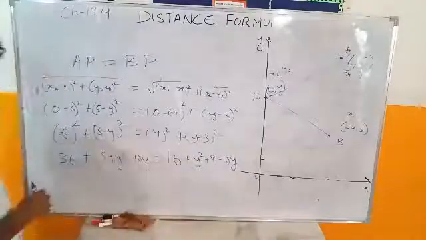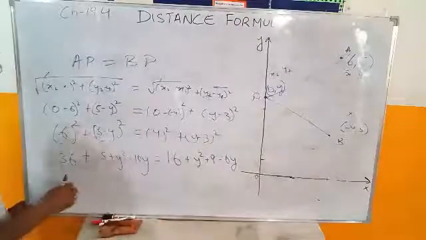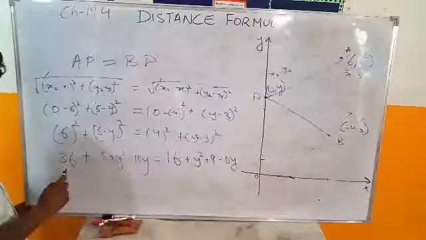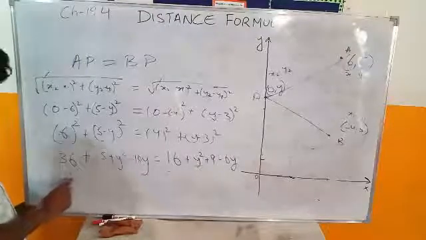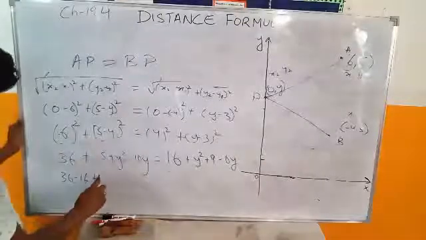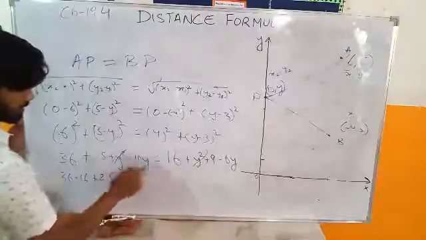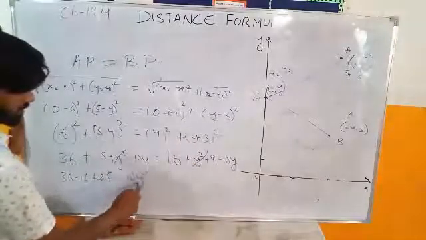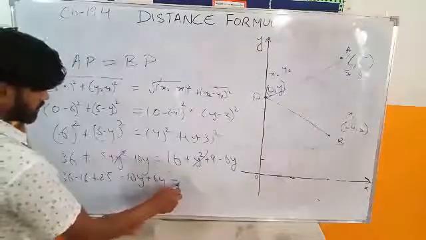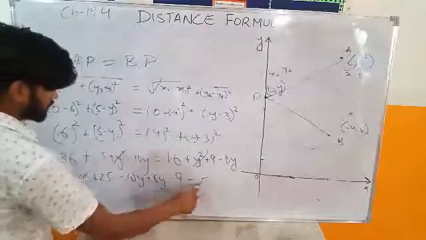Okay, so I'm going to shift everything to one side: 36 minus 16 plus 25, and y square is going to get cancelled out, minus 10y plus 6y, and 9 is also going to come on this side, minus 9, equals 0.